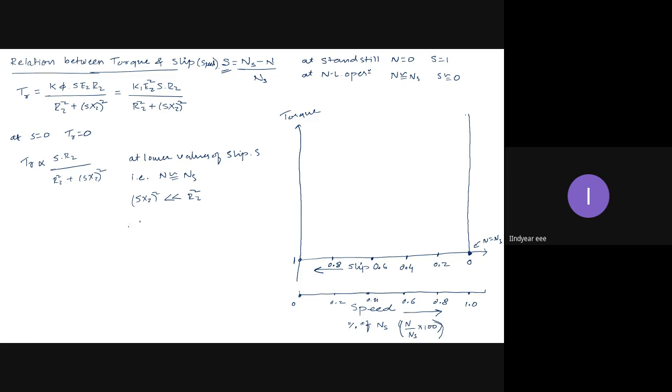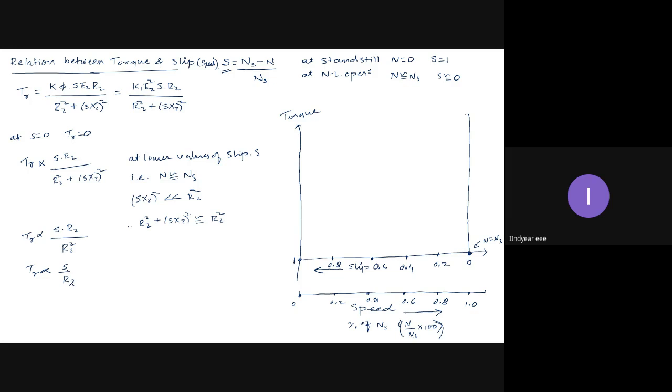Therefore, R2 square plus S X2 whole square is nearly equal to R2 square. It means I can neglect S into X2 whole square. Therefore, I can write TR is proportional to S into R2 divided by R2 square, or TR is proportional to S divided by R2.